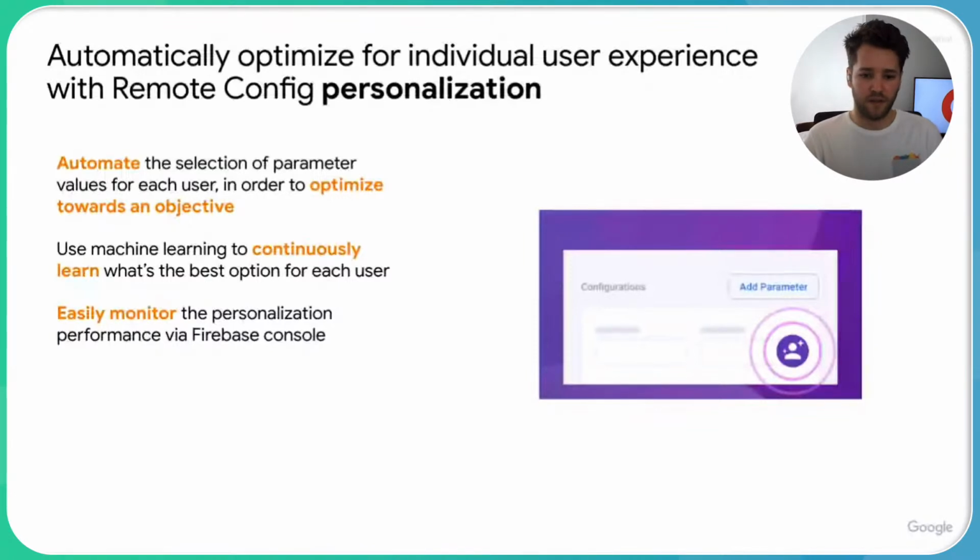For example, we know that some cultures are more tolerant to ads, for example in India or Brazil. So with Remote Config you can show a different amount of ads compared to someone in Europe or the US. So that's it for me for monetization. Let me know if you have any questions.